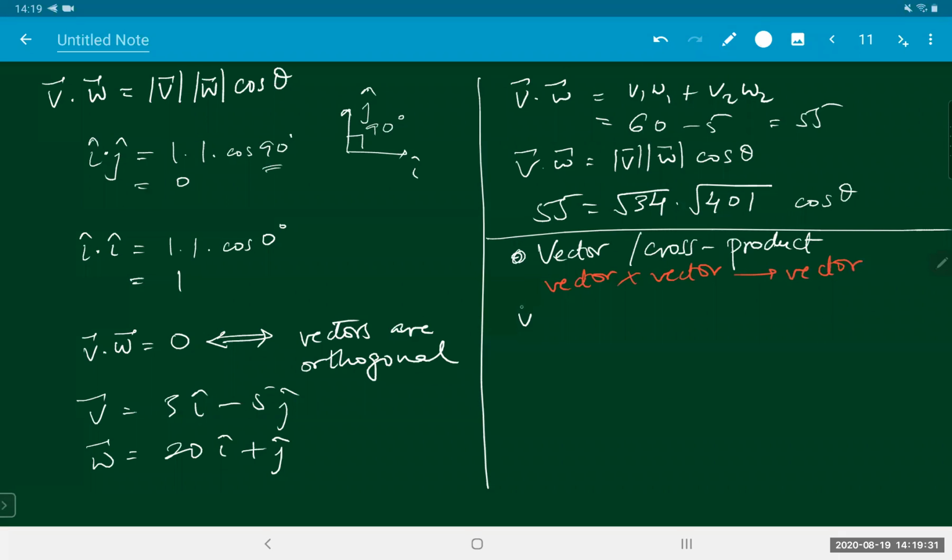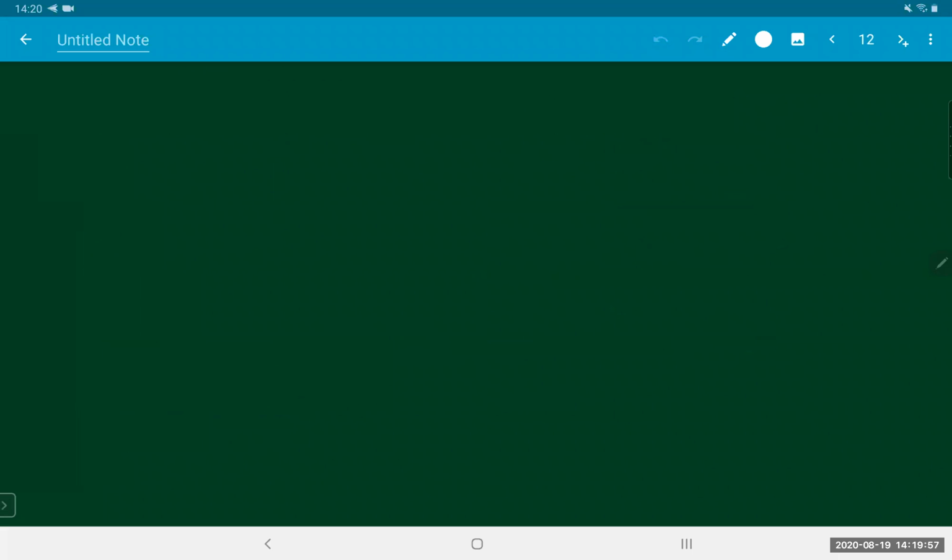So if I have a vector v and a vector w, then V cross W, let's go to the next page. Oh wait, I should have discussed determinants first. Anyway, I'm going to assume you know what determinants are. Is there anyone who doesn't know what a determinant is? Please raise your hand.